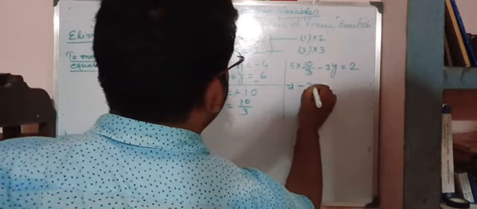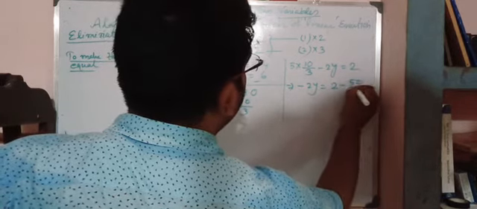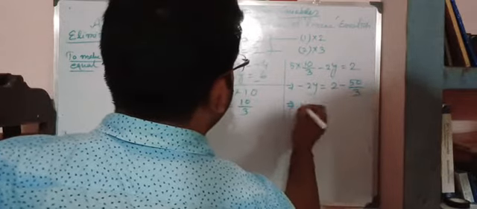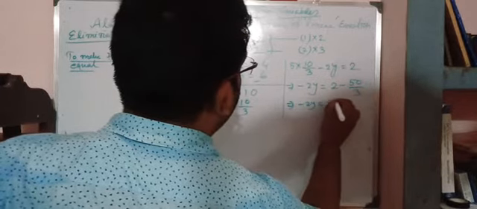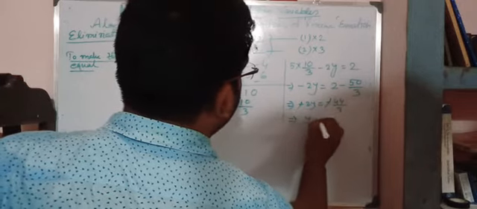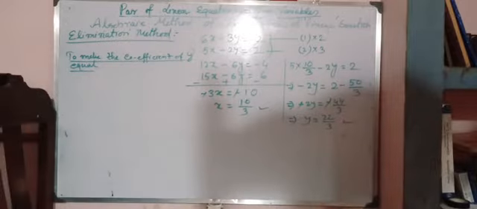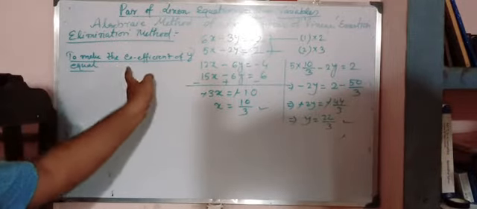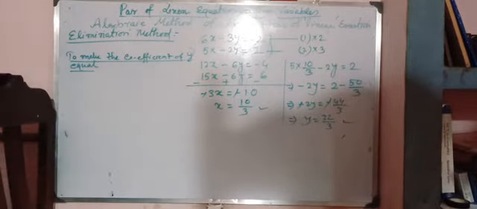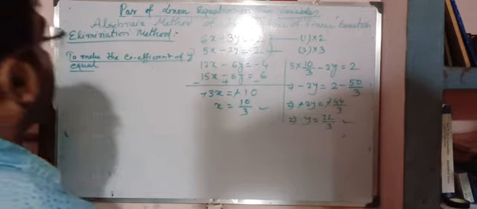That is minus 2y is equal to 2 minus 50 by 3, that is minus 2y is equal to minus 44 by 3. Cancelling, y is equal to 22 by 3. So that will be my required solution by making the coefficient of y equal.